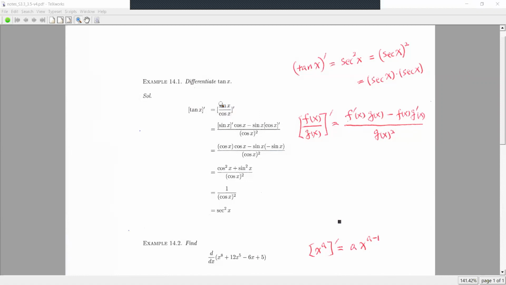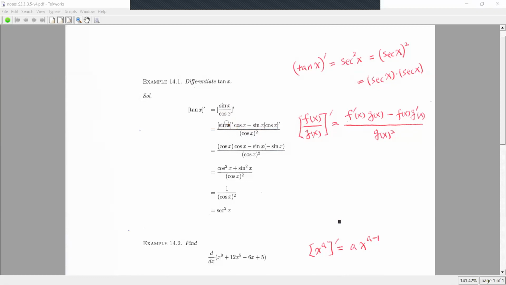By the quotient formula, this derivative is derivative of the top times the bottom minus the top times derivative of the bottom, then all divided by the square of the bottom.